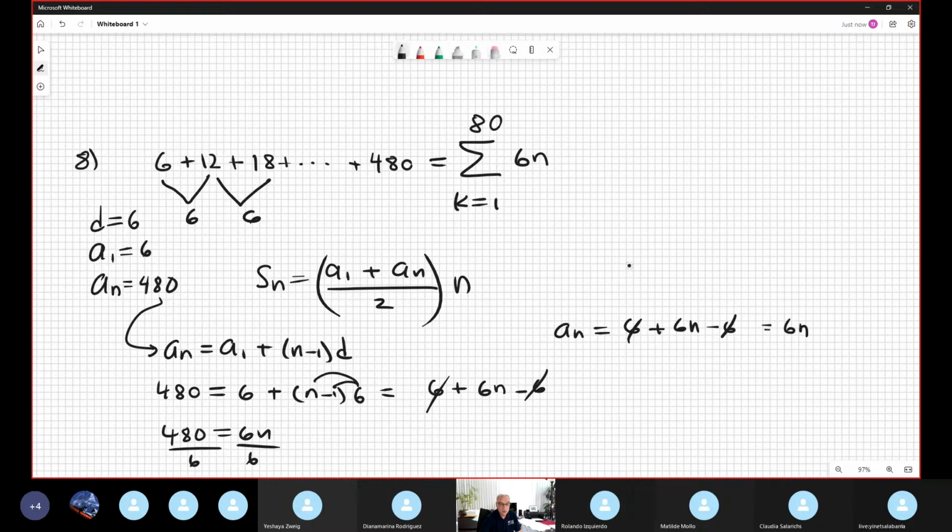Actually, I put it here. A1 is 6. The last guy is 480, divided by 2 and multiplied by 80. Well, okay, look, on the paper I did it in a different way. I put these two here, and no division.